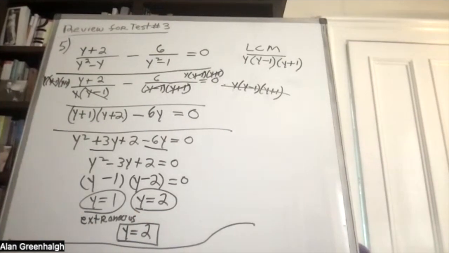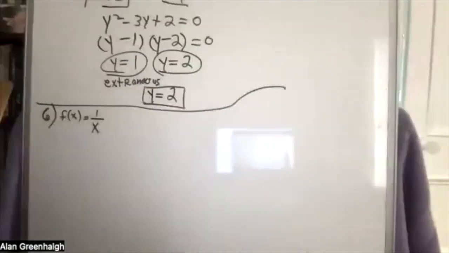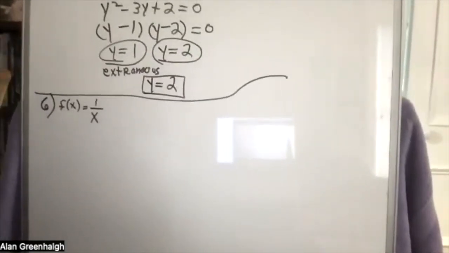All right. So here's problem number 6. It is a graph. It is a graph of a rational function. Now we know that the graph of a rational function, this is what it looks like. This is the parent. This is what the parent looks like.